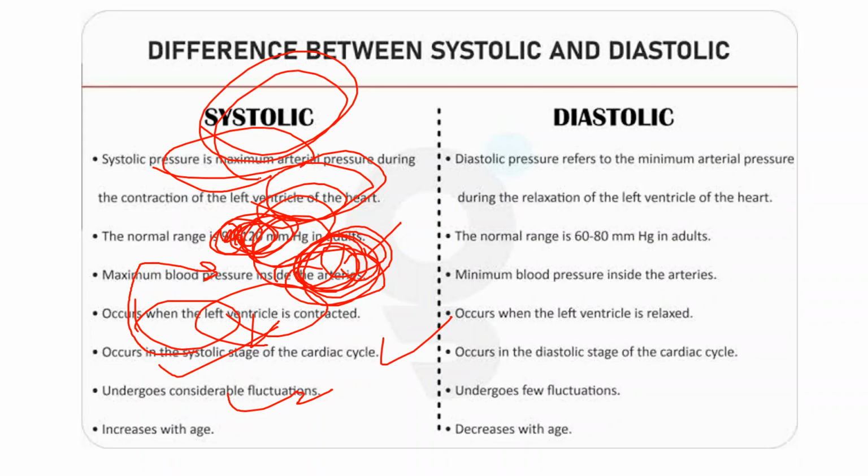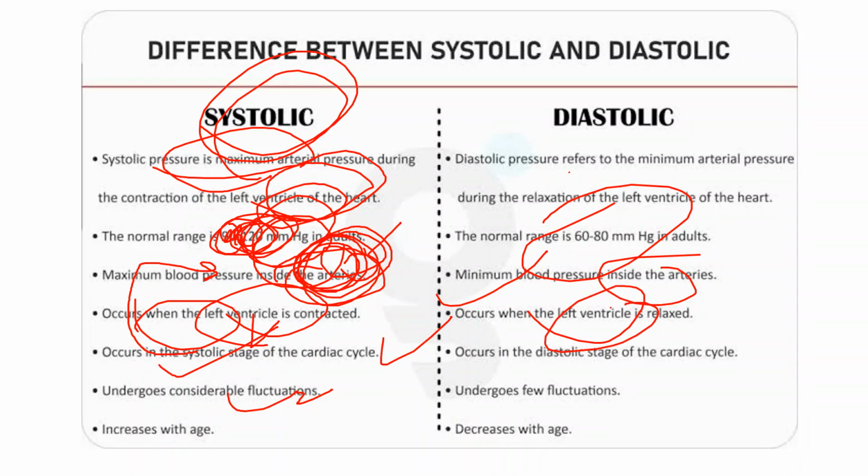This systolic pressure normally increases with age, whereas the diastolic refers to the minimum arterial pressure during the relaxation of the left ventricle of the heart, and the normal range is 80 mmHg in adults. It is the minimum blood pressure present inside the arteries, and it occurs when the left ventricle is relaxed.